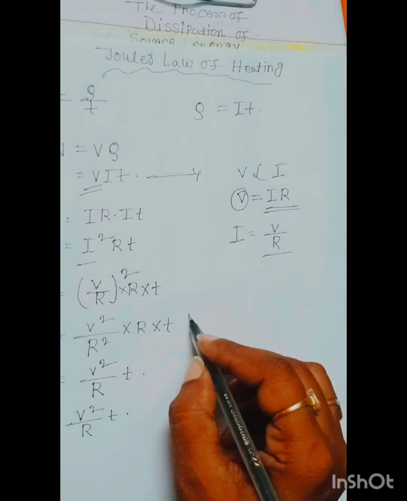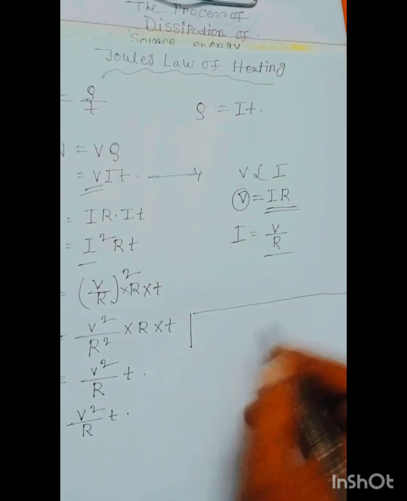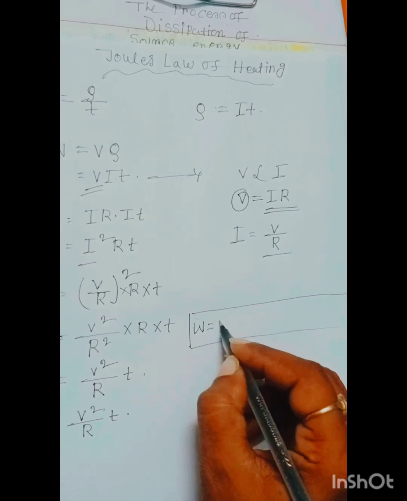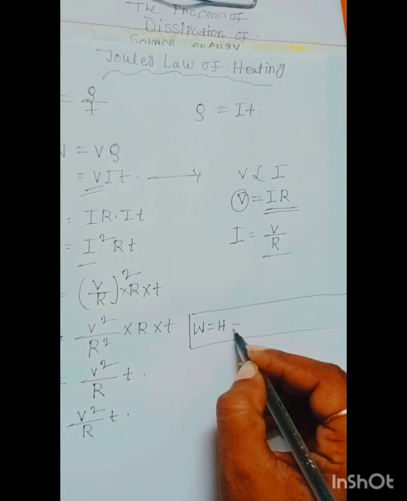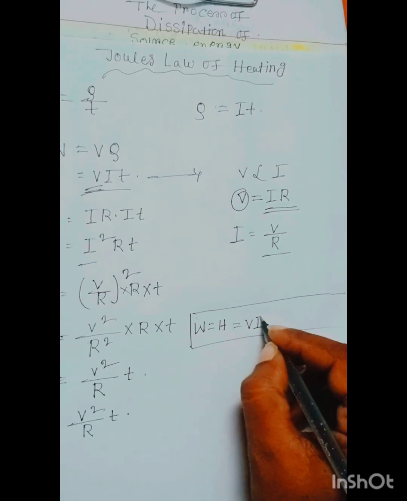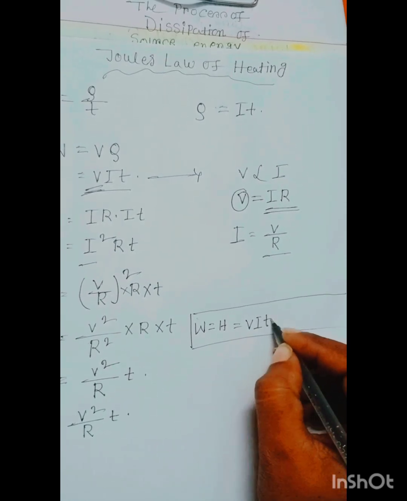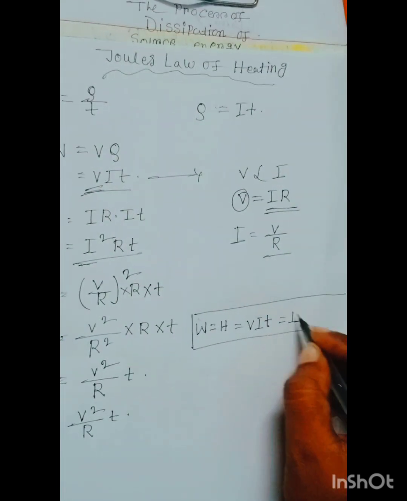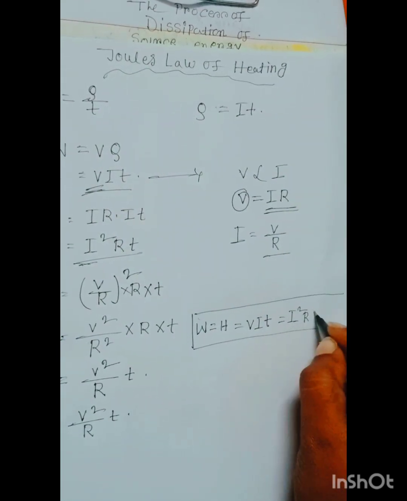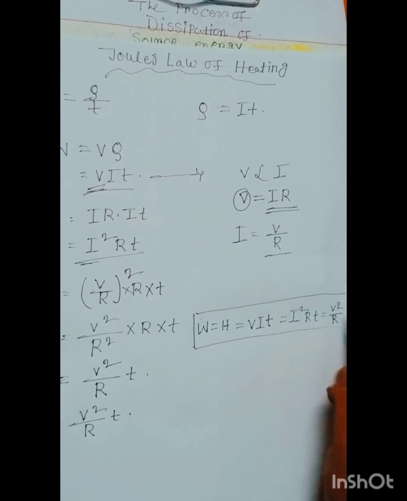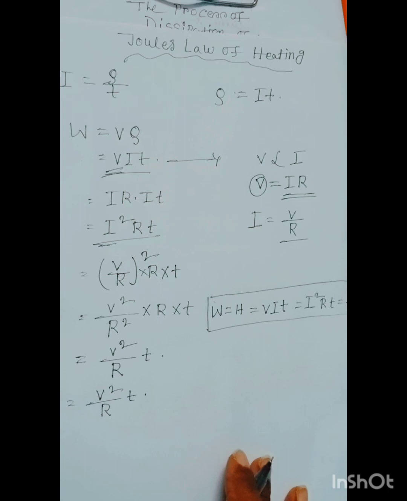So simply we can write here W equal to H equal to V I t, after that I square R t, and at last V square by R into t.